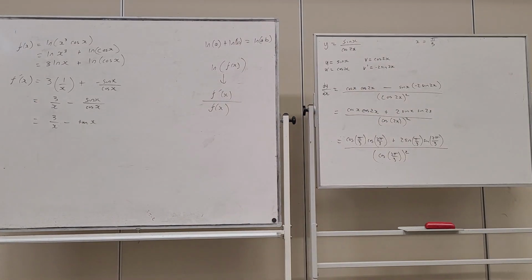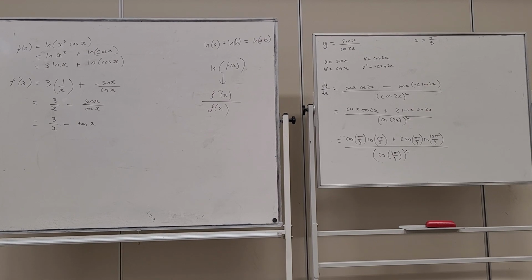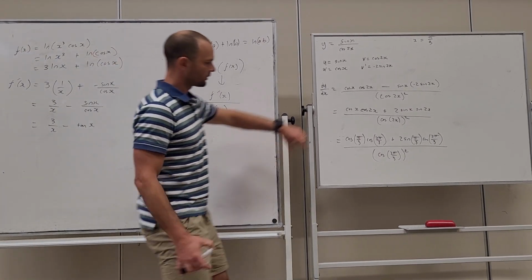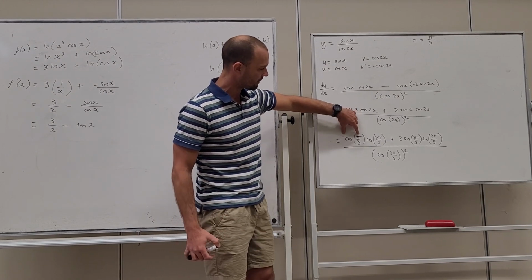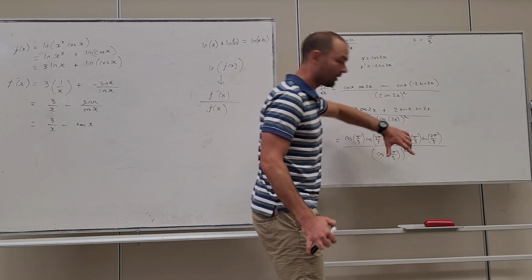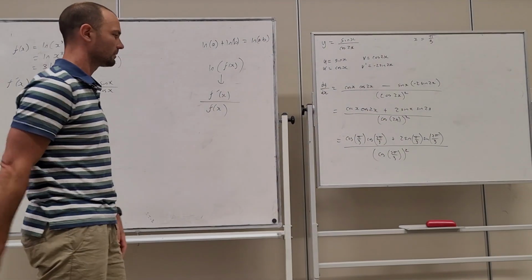Okay, so there's a fair bit going on there. We've put in the pi on 3, and that means now we have to look at our unit circle. I have to go to my unit circle and find the x value at pi on 3, 2 pi on 3, the y value at pi on 3, 2 pi on 3, and I'm just going to be substituting them in.